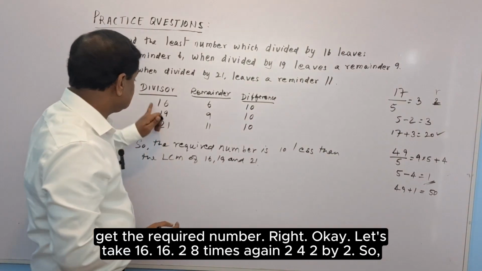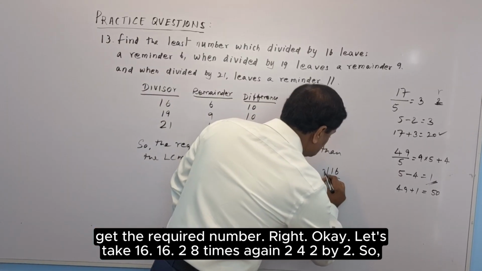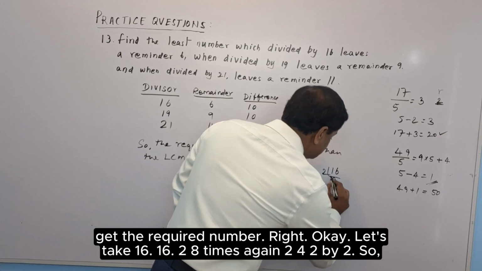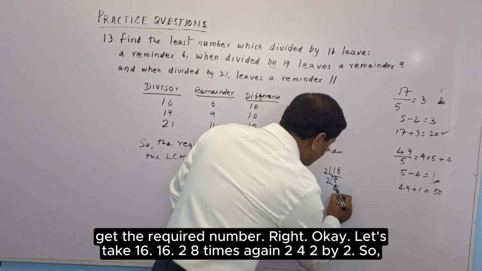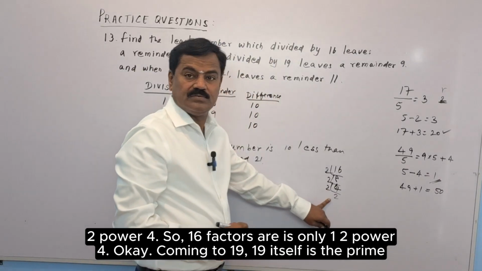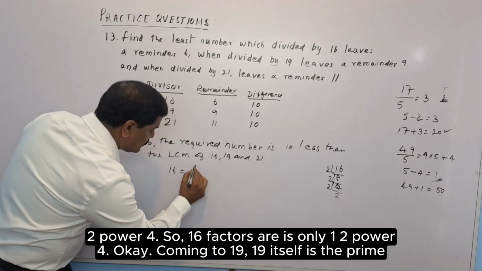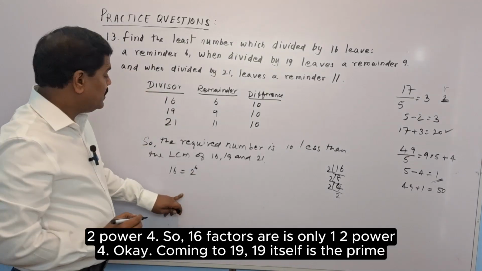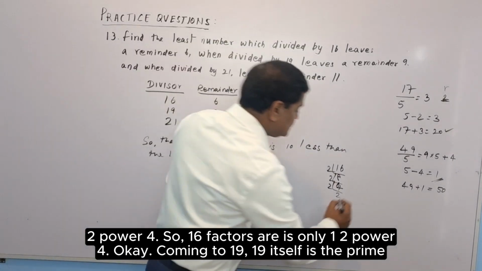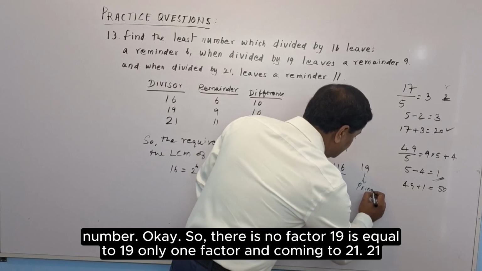Let's take 16. 2, 8 times, again 2, 4, 2 by 2. So 2 power 4. So 16's factor is only 2 power 4. Coming to 19, 19 itself is a prime number.